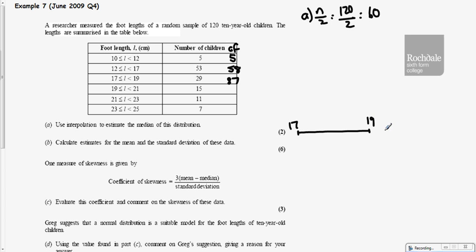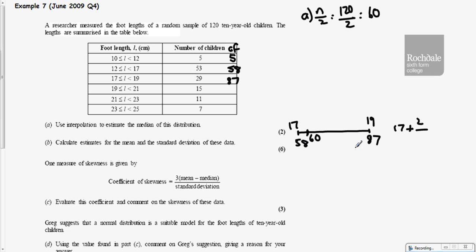17 to 19. The cumulative frequency at the beginning was 58, and at the end it was 87, and we're after number 60, so it's going to be near the beginning there. If you remember the formula, it's the lower class boundary plus the frequency that we're looking for. Well, if that's number 60, and there was 58 up to the beginning of the interval, we want 2 of them. 2 out of how many?